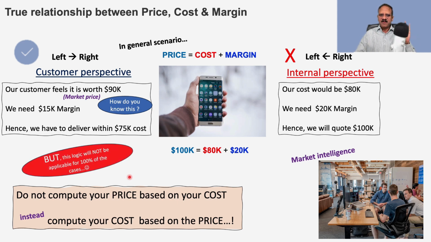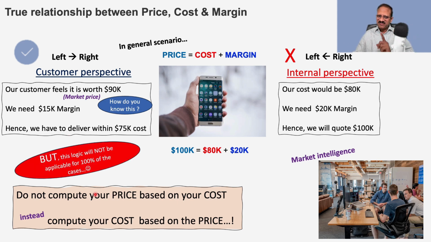That's all. But this logic will not be applicable in 100% of cases. Why? Because sometimes your customers may expect an unreasonable price, intentionally or unintentionally, we don't know. Sometimes your competitors may come out with a throwaway price, because their strategy is to somehow enter that customer's estate.